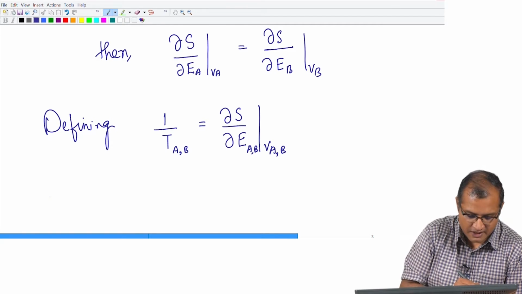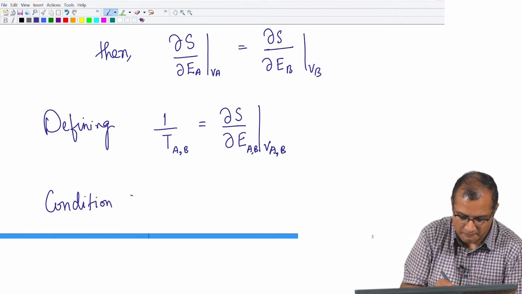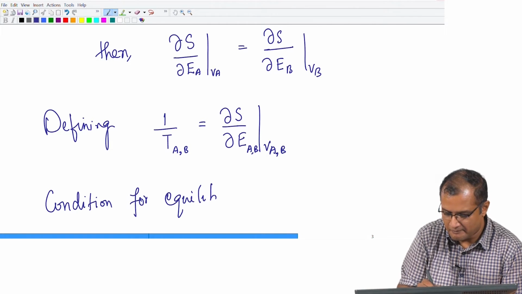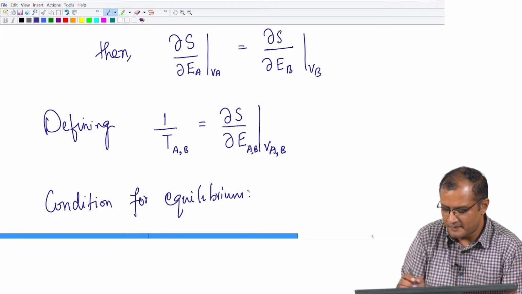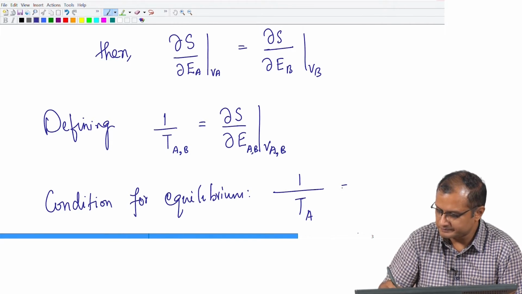So, the condition for equilibrium is simply equivalence of the two temperatures.